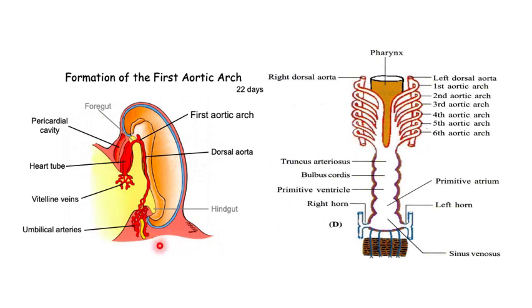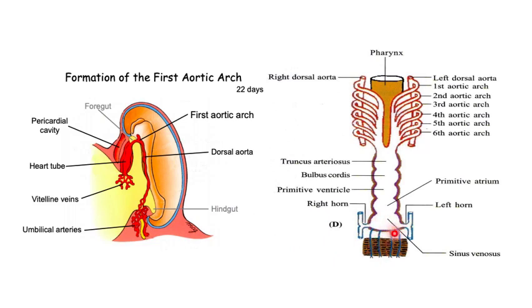So the caudal end of the primitive heart is first embedded within the mesenchyme of the septum transversum. So this is the septum transversum, the diagrammatic figure you can see. And the caudal end, this one is the sinus venosus. So this is the sinus venosus end, which gets embedded into the septum transversum and has two horns, the right and left horns.